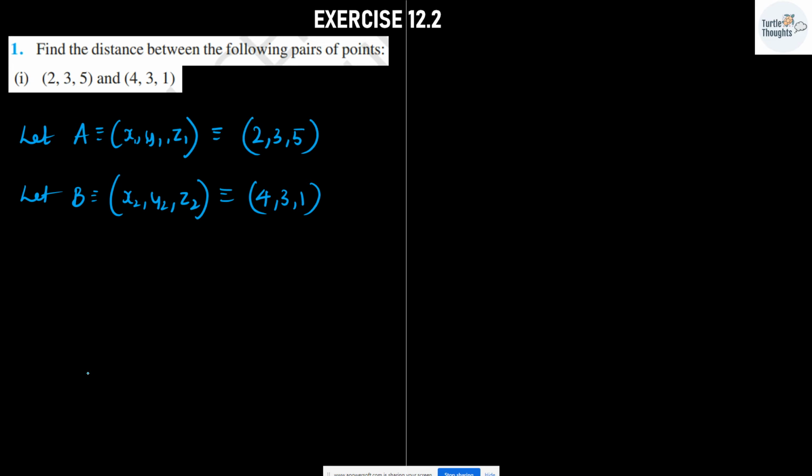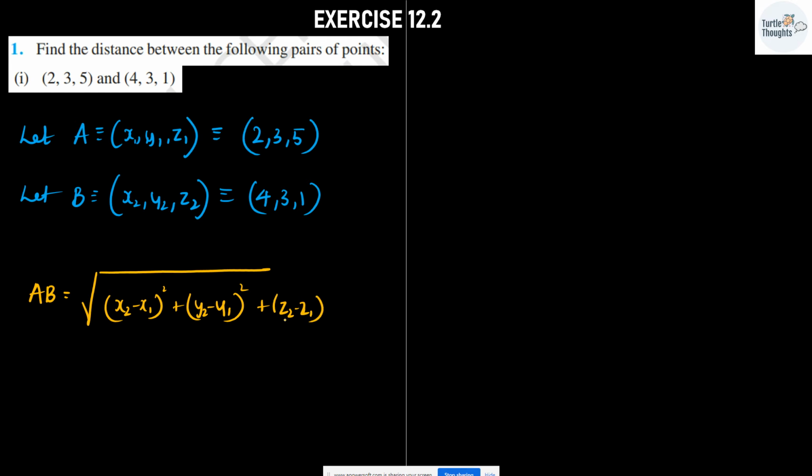We have to find the distance between the following pair of points. I know that the distance formula, which is AB in space, is given by root over (x2 minus x1) whole square plus (y2 minus y1) whole square plus (z2 minus z1) whole square.